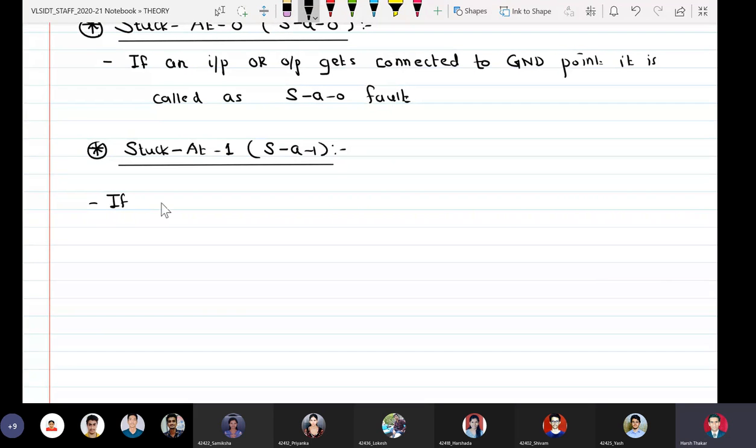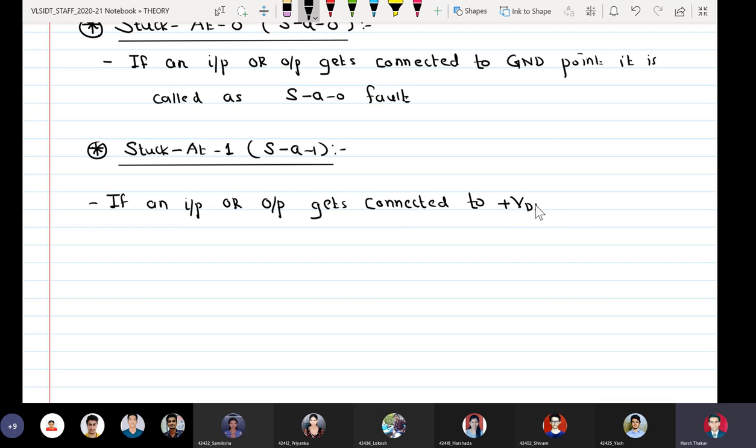If an input or output gets connected to plus VDD point, it is called a stuck at 1 fault.